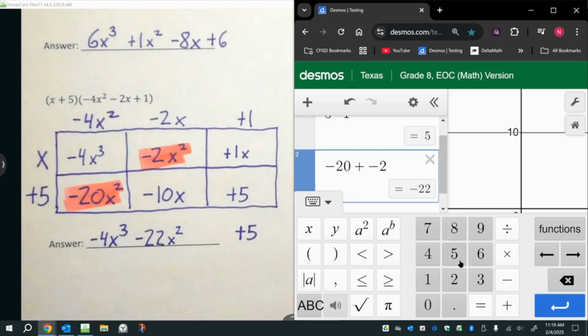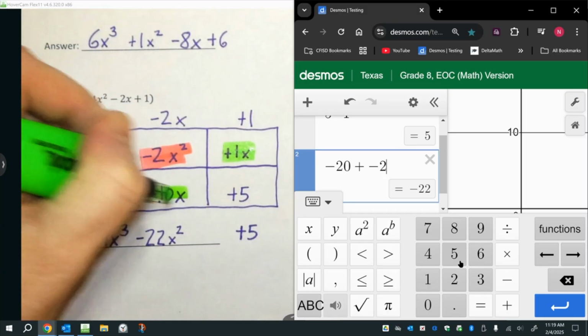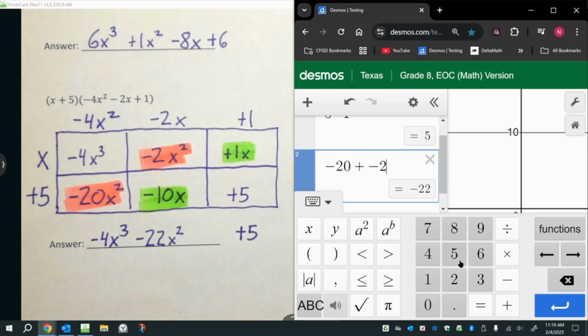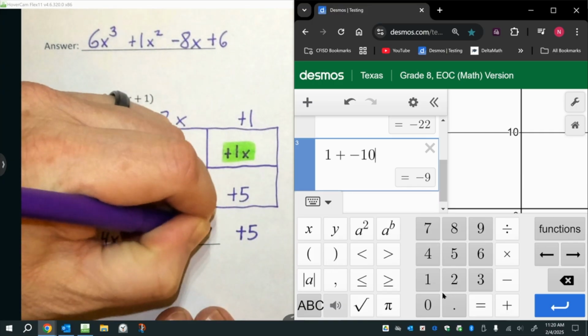And then we're going to take our x values. We have positive 1 and negative 10. Again, we're adding a positive 1 with a negative 10, and that's negative 9. And we attach our x to that.